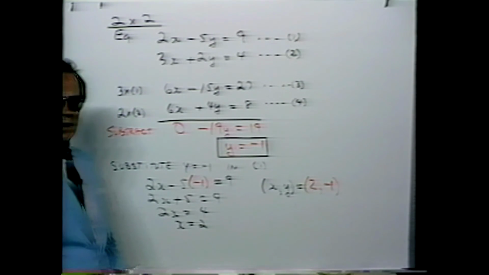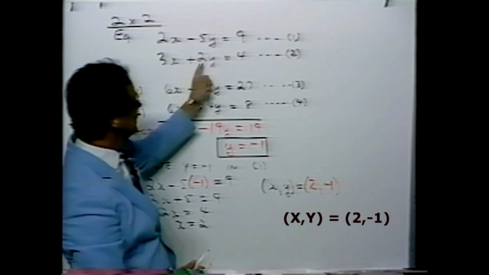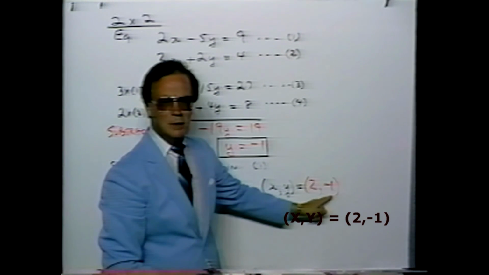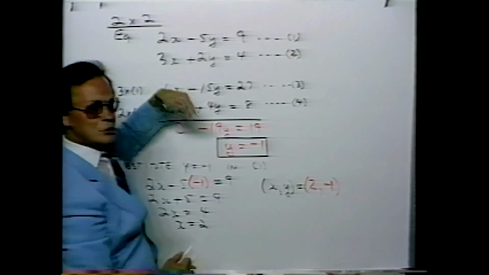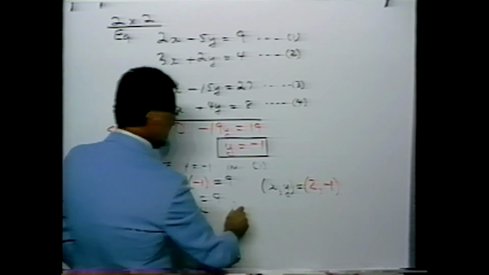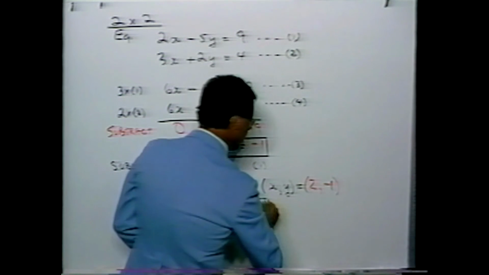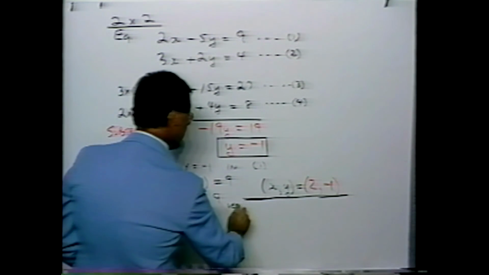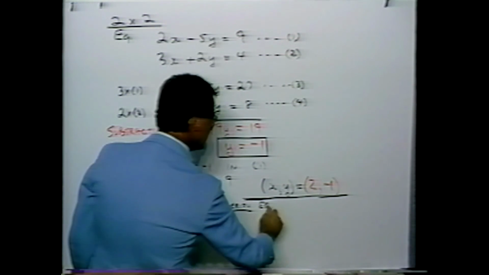Let's verify that these are indeed the roots of the original system. Remember that the roots, to be the correct ones, must satisfy both equations. In other words, simultaneously. We begin by writing this proof in the following way, or the verification if you like. Equation 1.